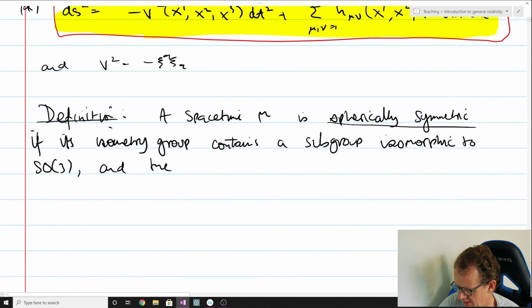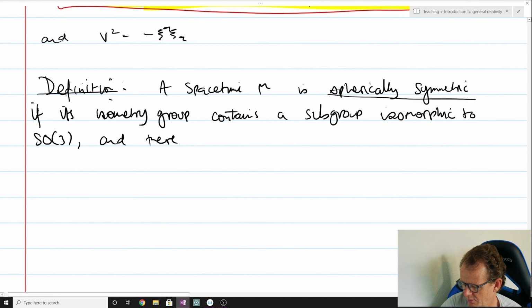And well, there's a kind of degenerate way where that could be the case. And so we want to prevent that. Namely, your spacetime might be just a point, right? That the isometry group sort of degenerately contains a subgroup isomorphic to SO3. So we want to somehow prevent such weird degenerate situations.